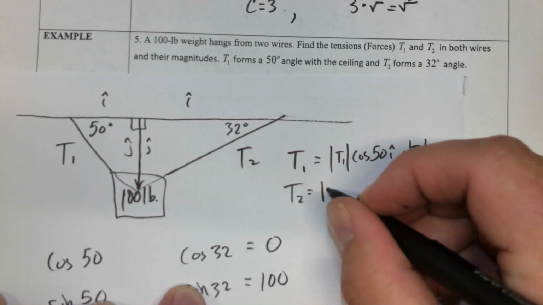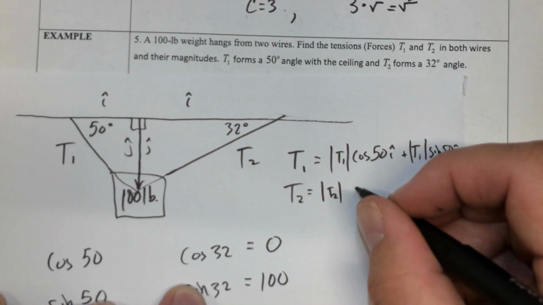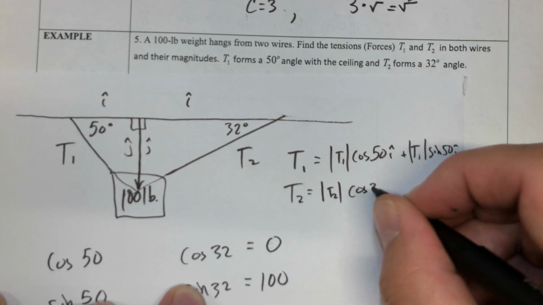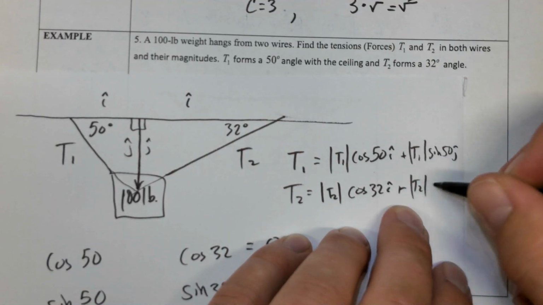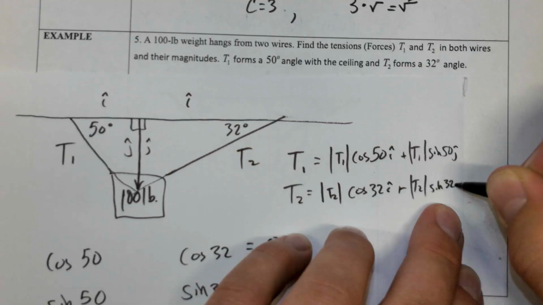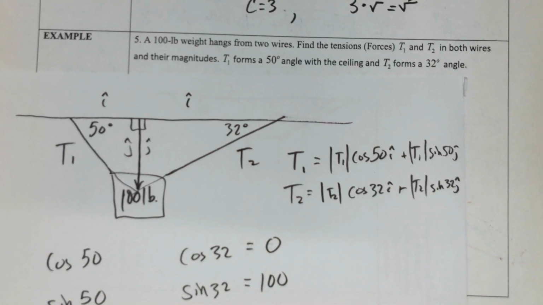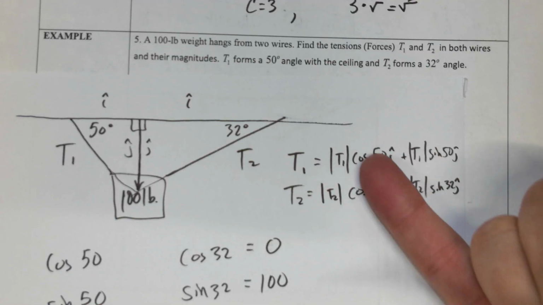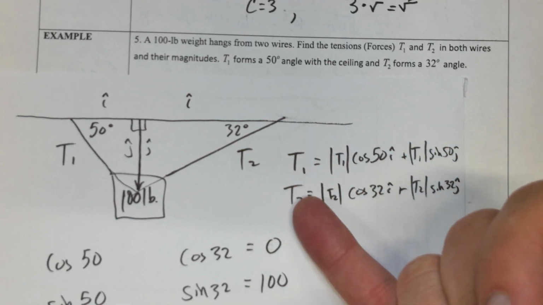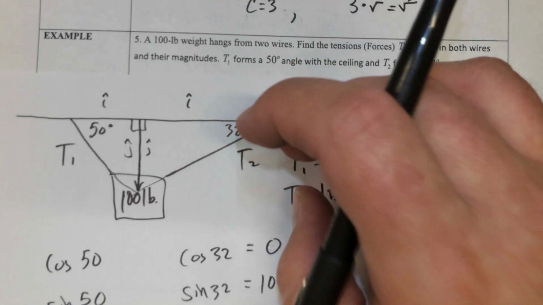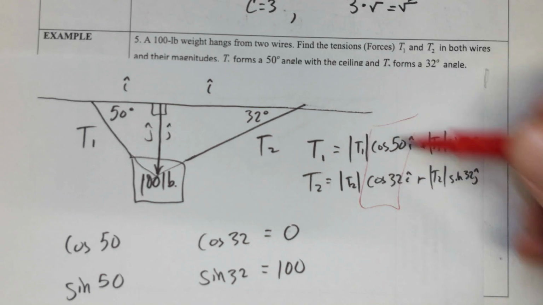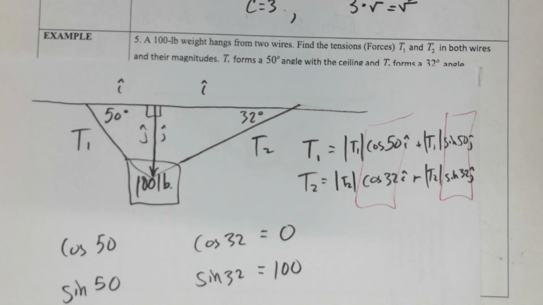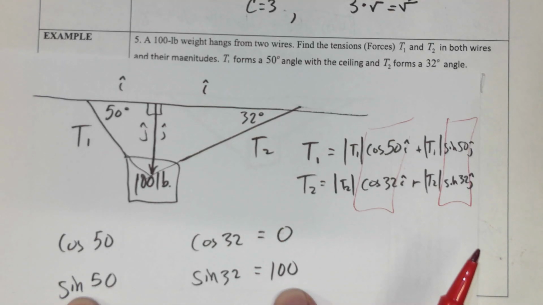And the total tension on T2 is the cosine of this plus the sine of this. And ultimately, once I find these I's and J's, I can build out my T1, T2, but I don't have these forces to set them equal to. And that's why I'm grabbing these forces individually to build their own equations.